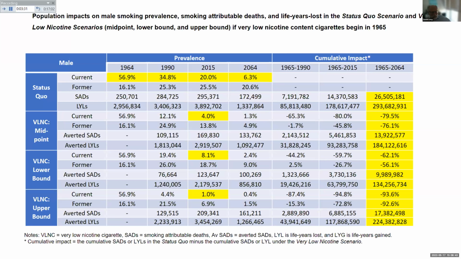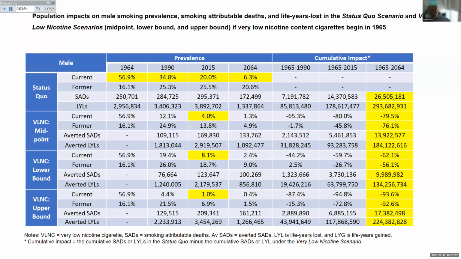I think I have lower bound and upper bound estimates reversed here. I'll have to go back and check that. But oh no, I'm sorry, we're looking at averted deaths here.